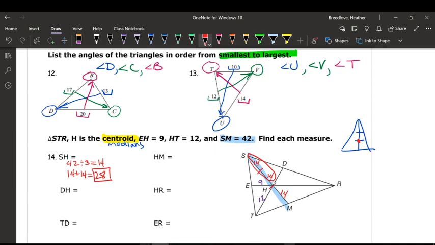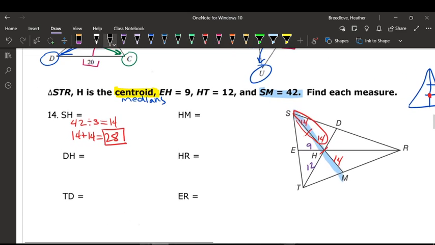All right, so then it says DH. My picture is going to be very complicated if I keep doing it this way, so I'm going to have to come up with a new way. I'm just going to sketch it to the side. DH looks like this.